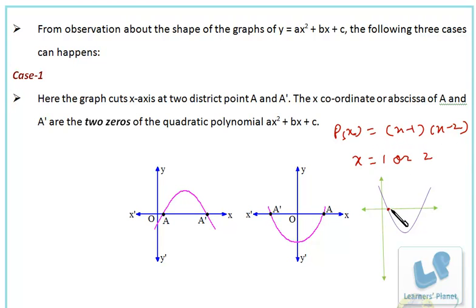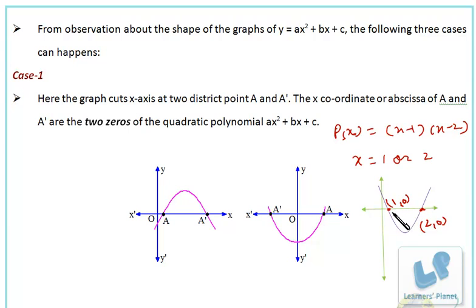This point is what? (1, 0), and this point is what? (2, 0). So if it is a quadratic polynomial, the curve will intersect the x-axis 2 times or at most 2 times, right? It may sometimes touch x-axis also, but maximum 2 times it will intersect the x-axis, right?